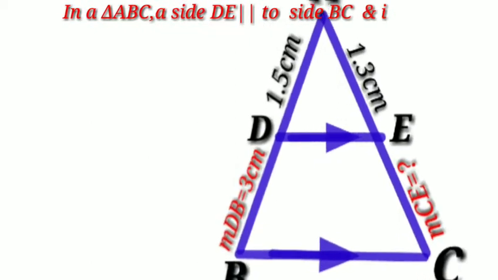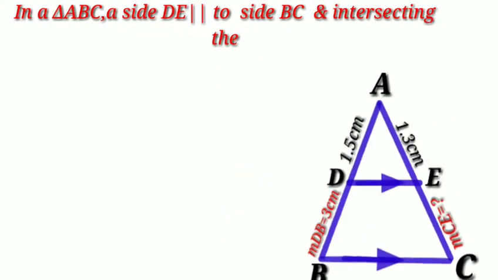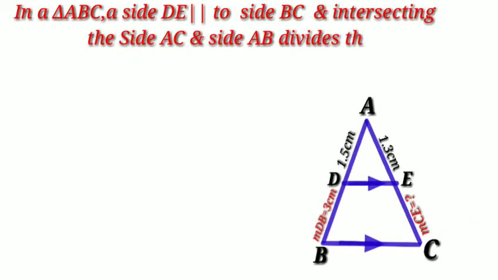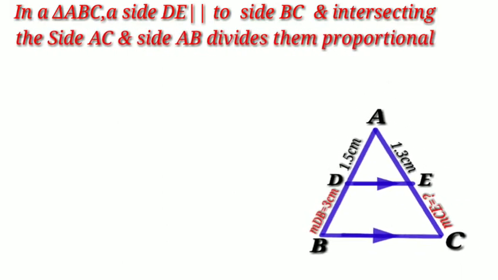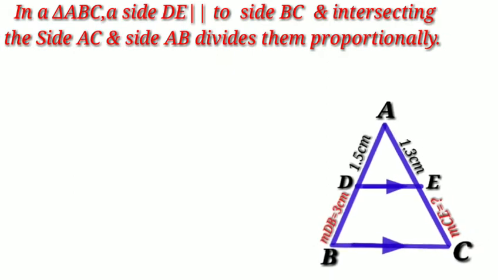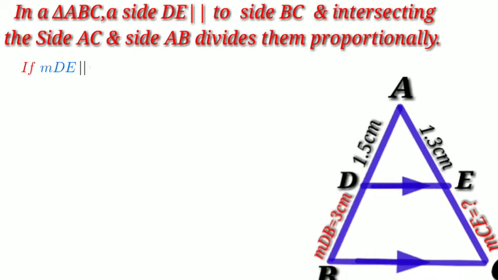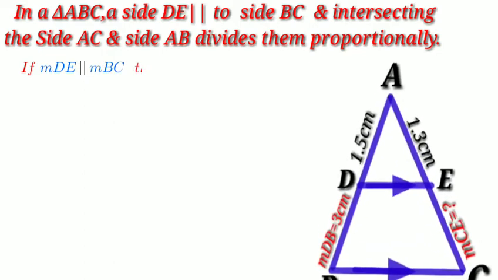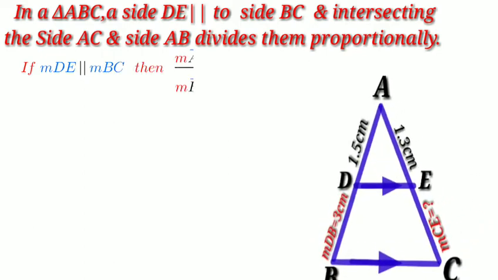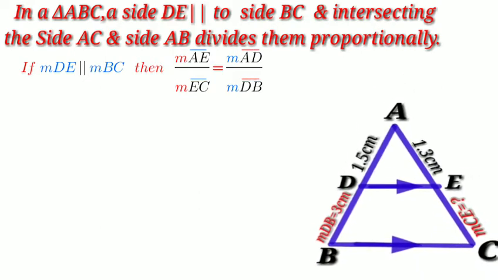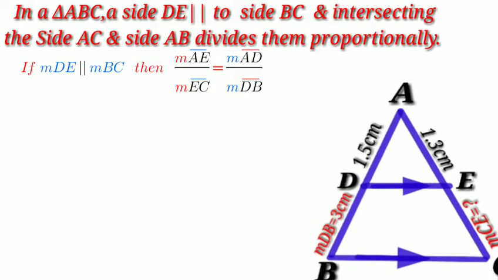In a triangle ABC, a side DE parallel to the side BC and intersecting the side AC and side AB divides them proportionally. So side AC is divided in the ratio AE ratio EC, and side AB is divided in the ratio AD ratio DB.